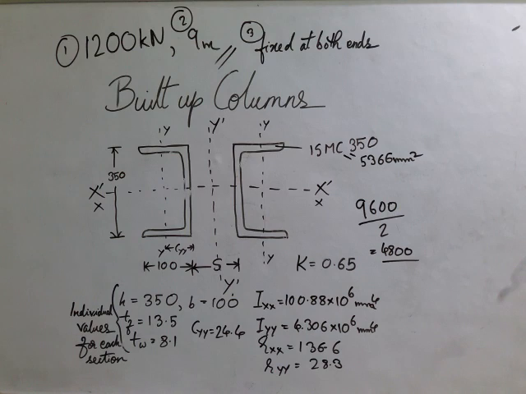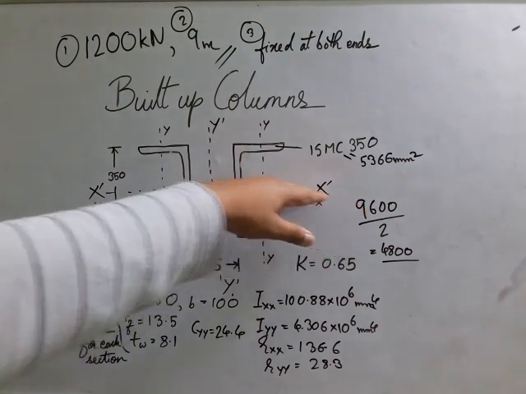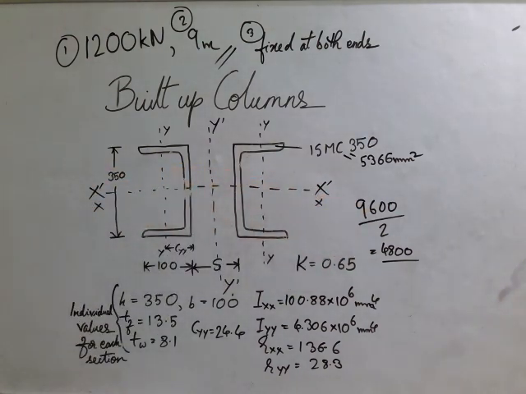So isn't it good if we can design a built-up column whose moment of inertia about y dash and moment of inertia about x dash are almost equal? Then we would ultimately be designing a built-up column having almost the same strength in both directions. That would be a very good column, isn't it?